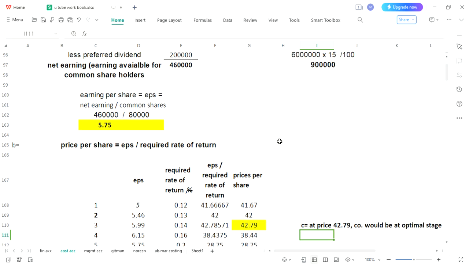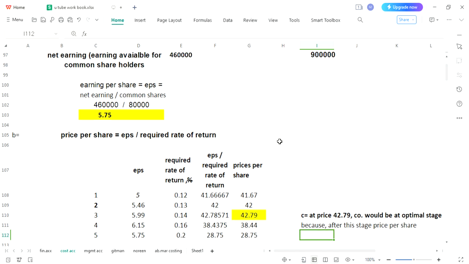Why? Because after this stage, price per share started to be dropped.